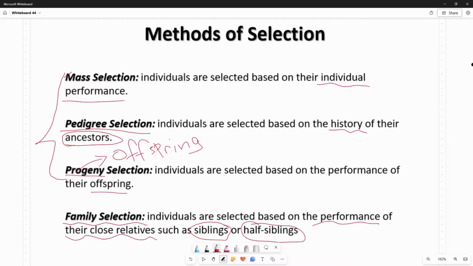But the difference is that we now need to measure your close relatives, your siblings or your half siblings. How are your brothers and sisters performing? Then you get selected. But in pedigree, we only look at the performance of your ancestors. So these are the methods of selection that are used in agriculture.